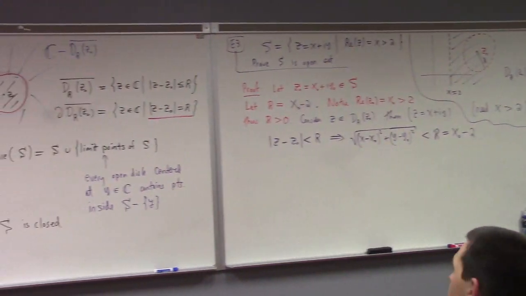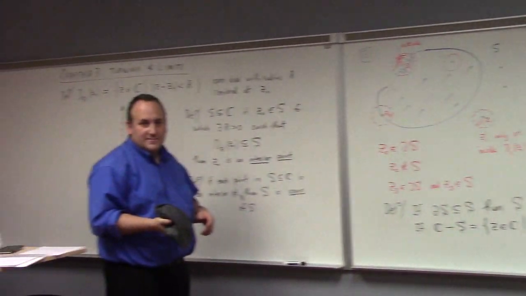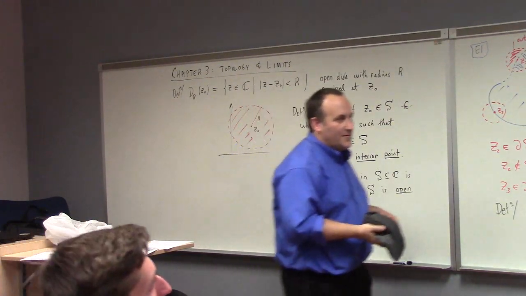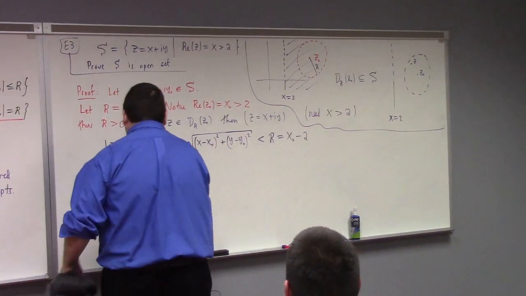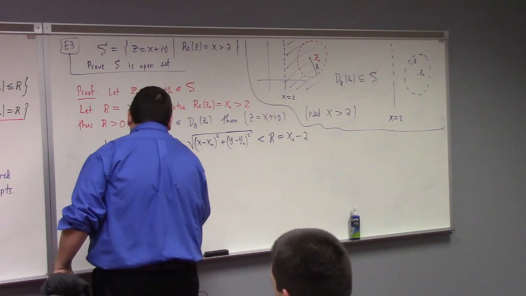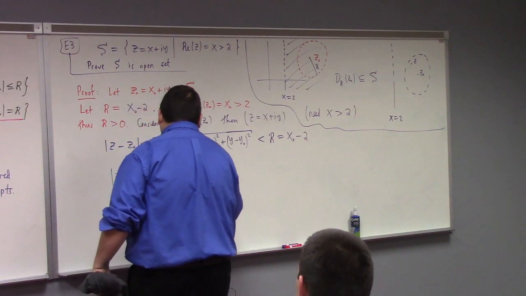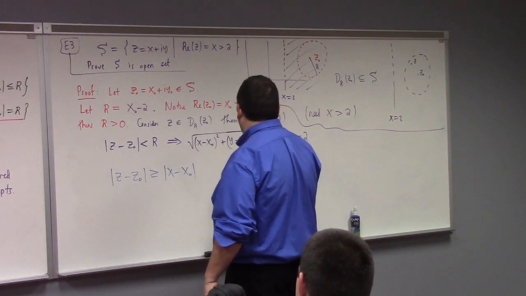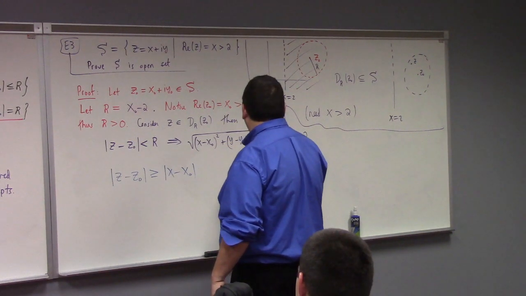Unless one of you guys knows how to do it right off the top of your head. Maybe? That quantity under the square root will always be greater than or equal to, if you just have x minus x squared. So you're saying the absolute value of z minus z naught is greater than or equal to the absolute value of x minus x naught? Yes. Which is necessarily what?